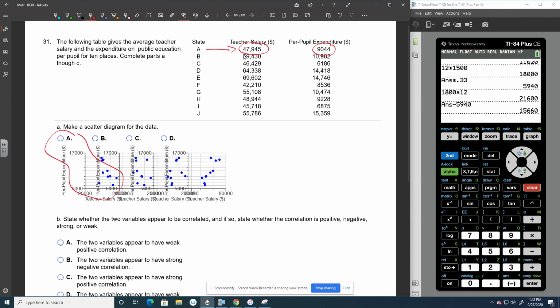It starts at 20 and it ends at 80. So if this is my diagram right here, 50,000 is going to be right here somewhere. And I'm going to go up 10,000. So if this is 5,000 and it goes all the way up to 17, so this is 6, 7, 8, 9, 10. So I would expect there to be a point right there, which there is.